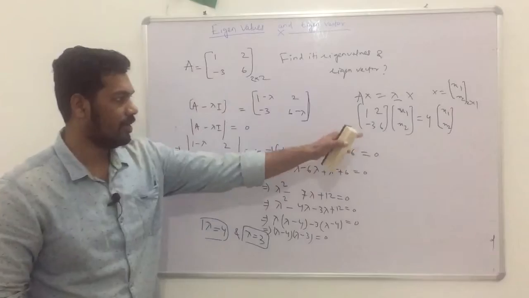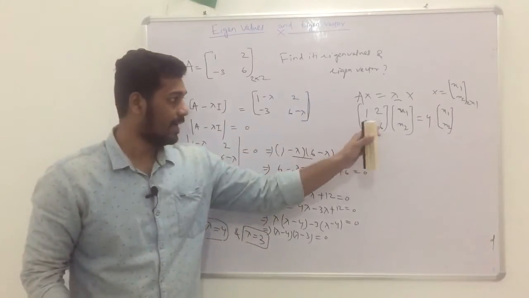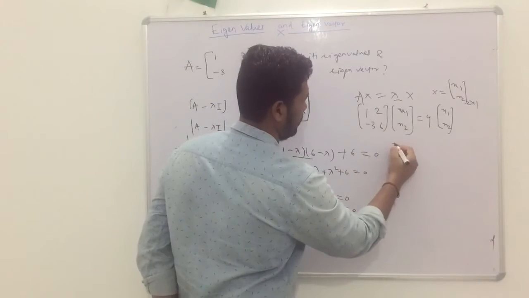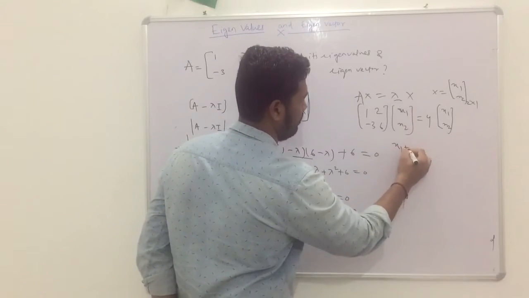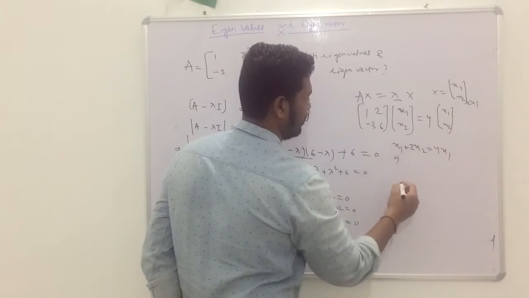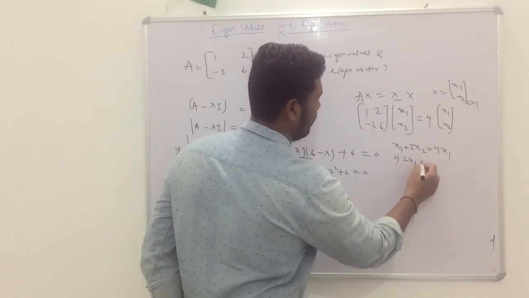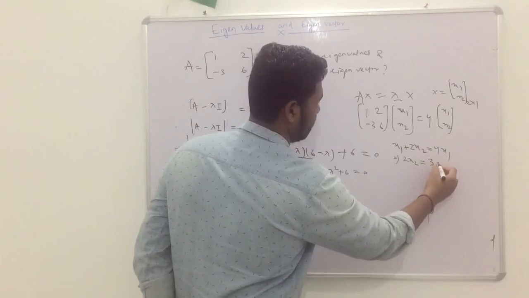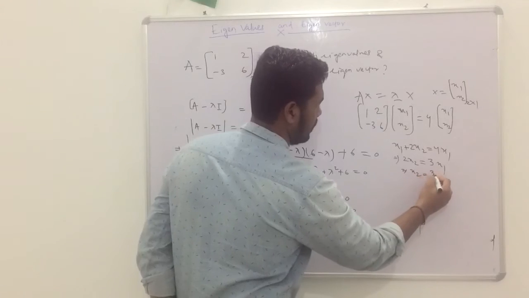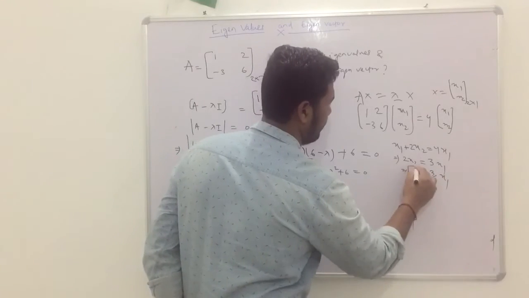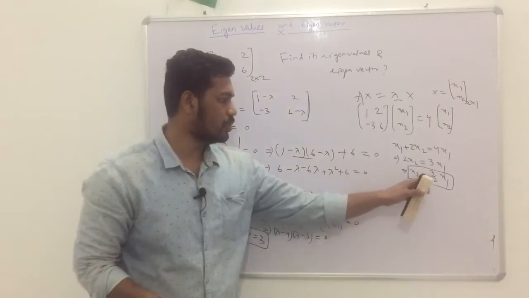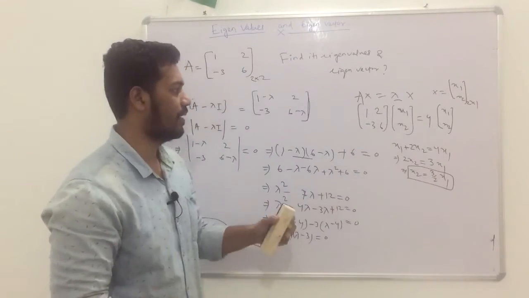So solve this equation to get x1 and x2 as your column vector. If you solve this, you will get x1 plus 2x2 equals 4x1, which is nothing but 2x2 equals 3x1, implies x2 equals 3/2 x1. So you will get a condition x2 equals 3/2 x1.